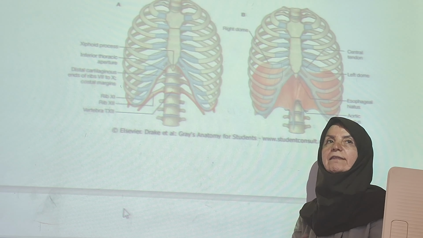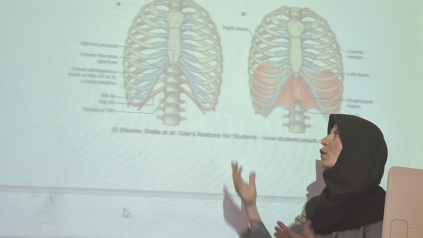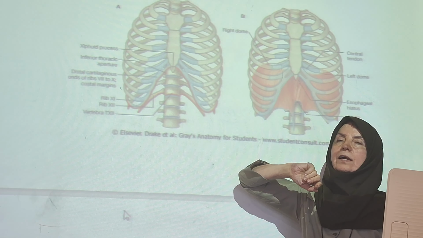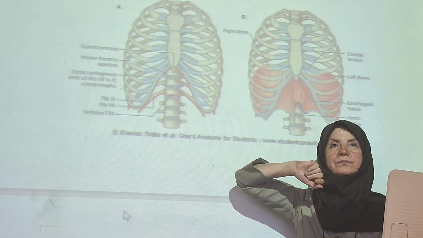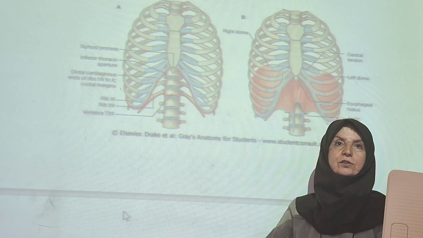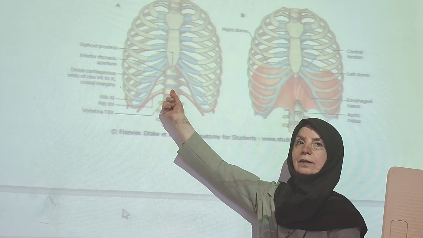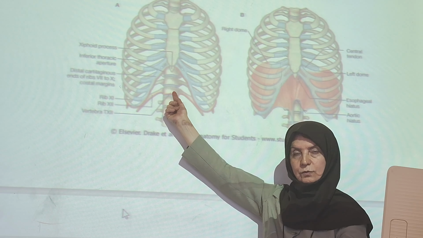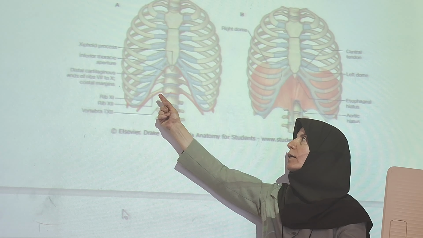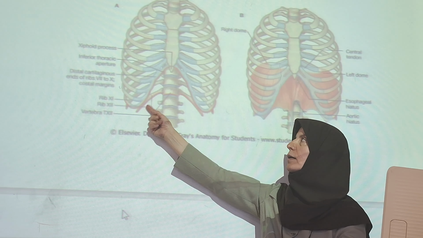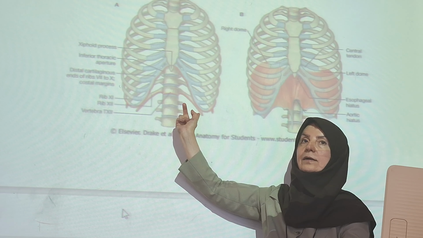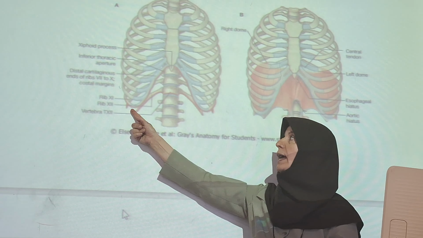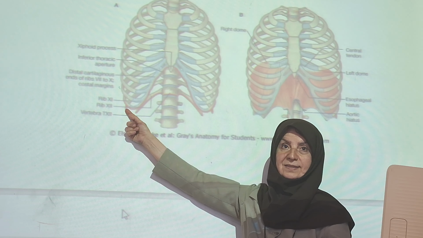Which items are going to form the inferior opening of the thorax? Posteriorly, the body of the twelfth thoracic vertebra, and laterally the 11th and 12th ribs.